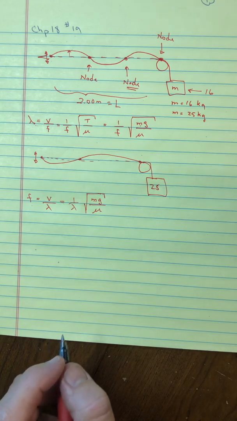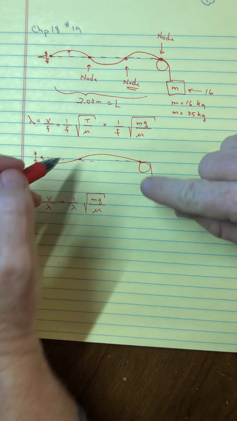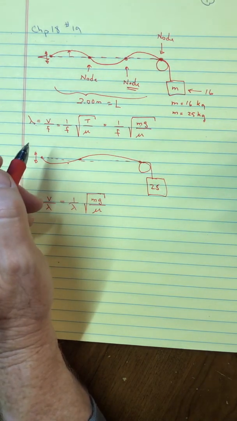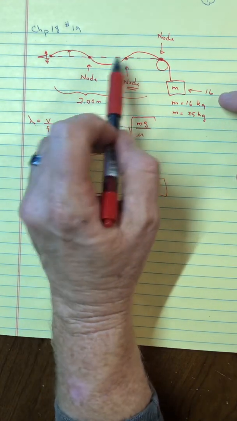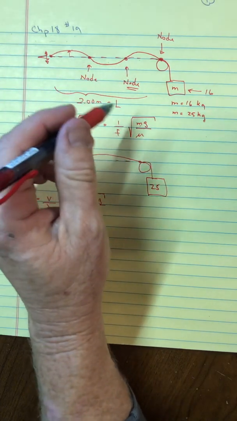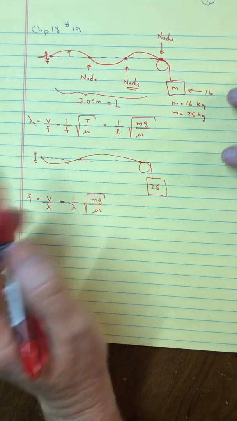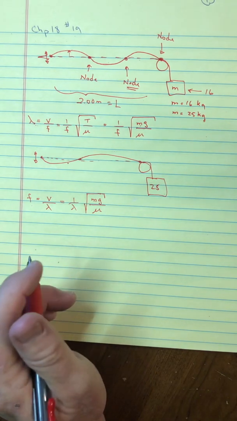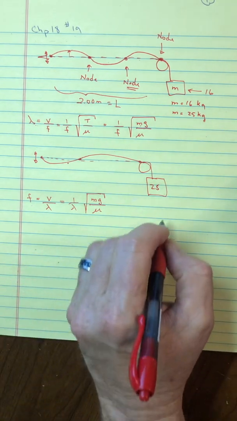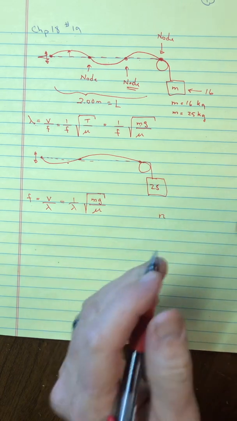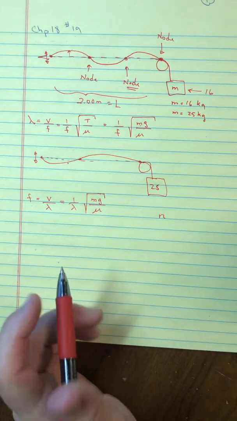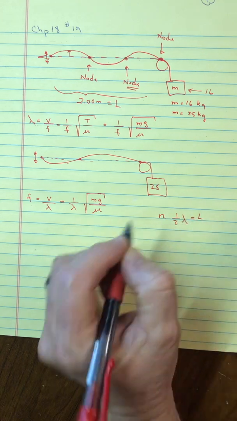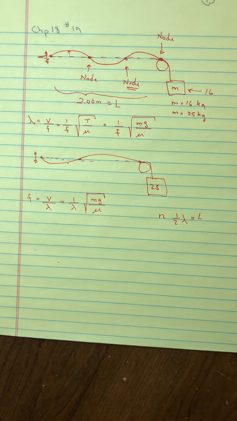Okay, now, the other thing to keep in mind here, and you can kind of see this in this picture, or some of the ones we did in lab, or your author's picture, this we would call the third harmonic, because there's 3 humps. This we would call the second harmonic. But in general, if we let n be the number of humps, and so the harmonic, n half wavelengths is the length of the string.